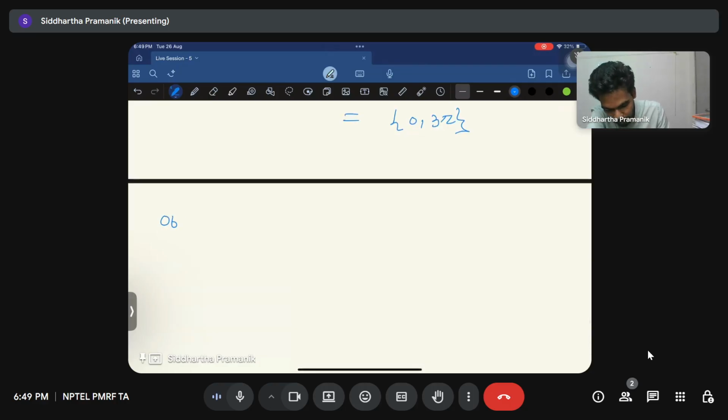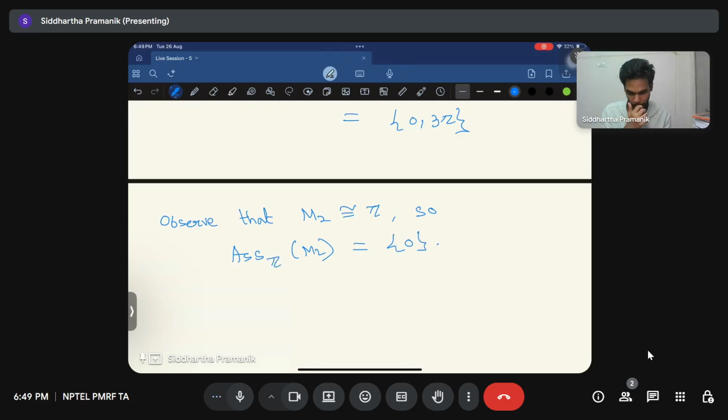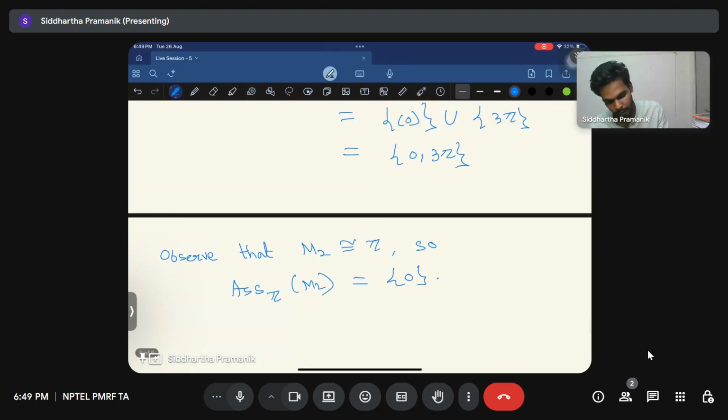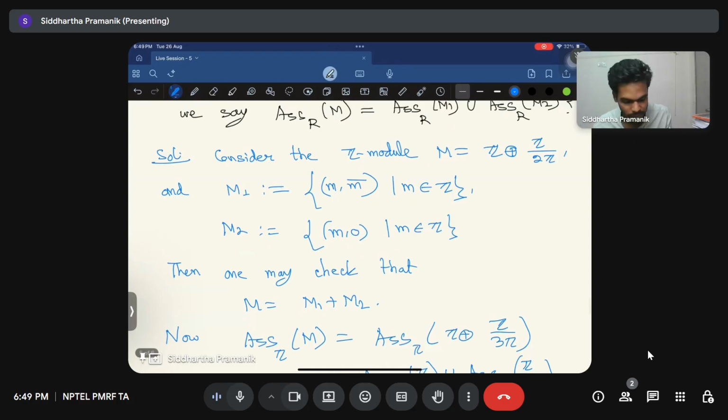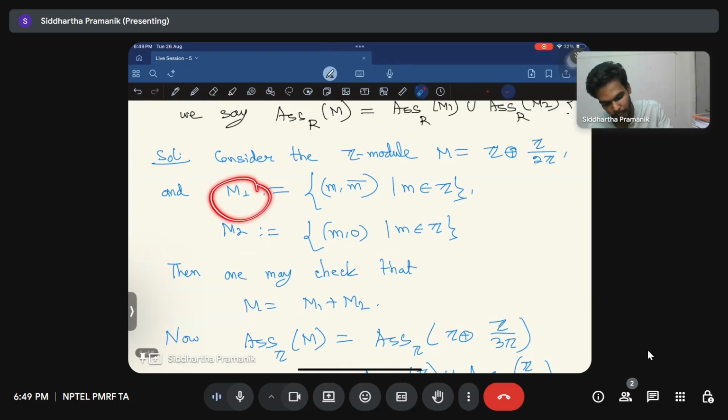So the associated primes of M2 over Z is basically 0. So that part is easy, but what about the associated primes of M1?